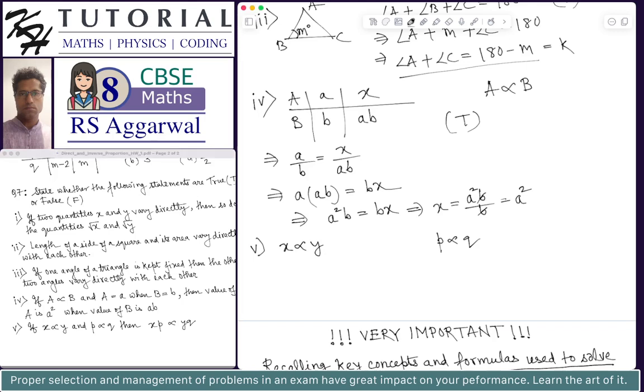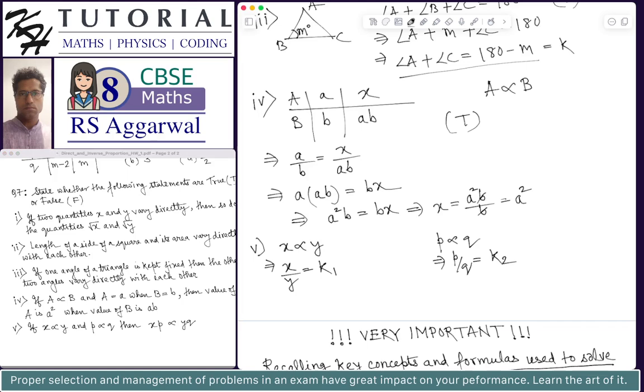Now from this fact that x varies directly with y, we can say that x by y is a constant. Let's say this constant is k1. And since the quantities p and q are also in direct variation, we can say p by q is another constant, k2. Now we have to check whether the quantities xp and yq are in direct variation or not.